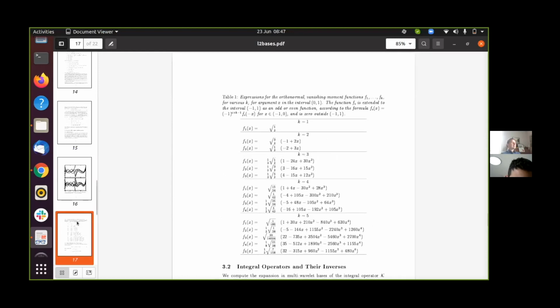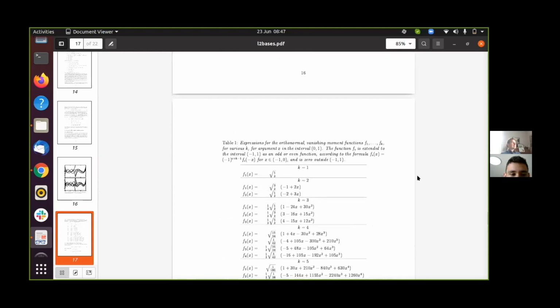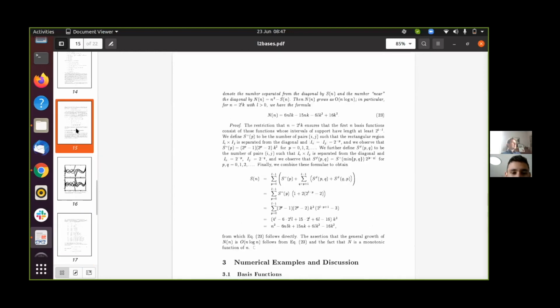I don't think I have the Haar function on the paper, but basically Haar in German I think just means hair. So it's just some staircase functions.